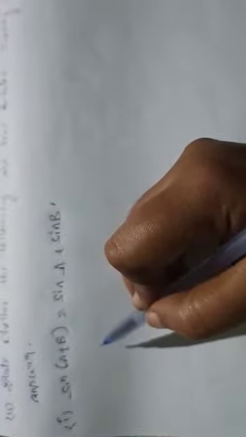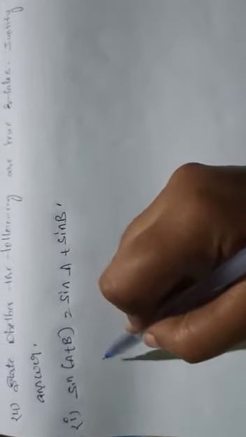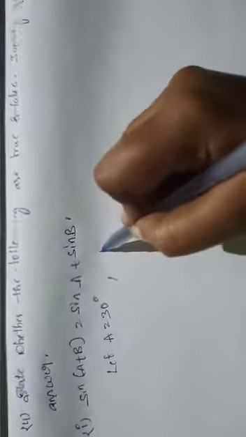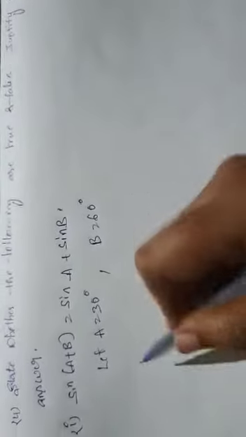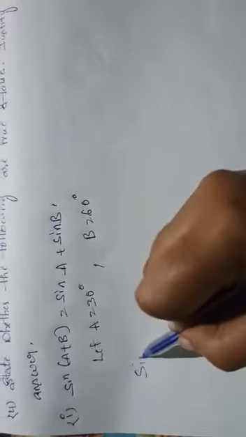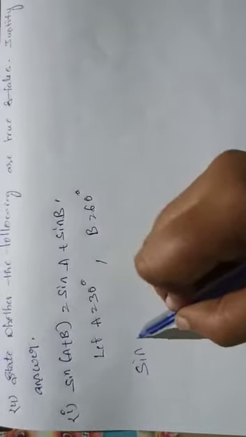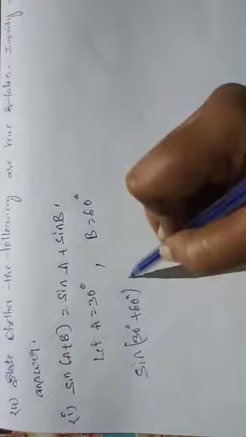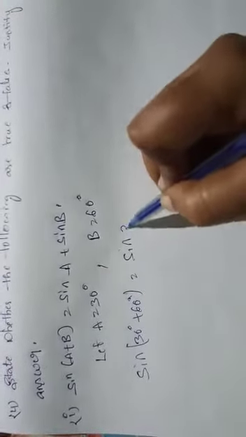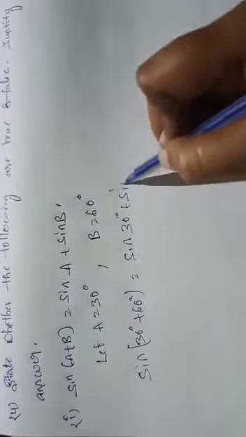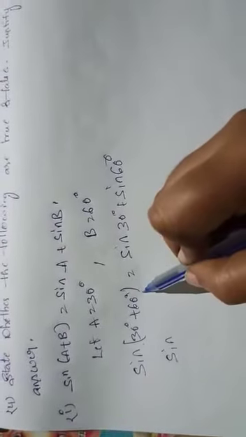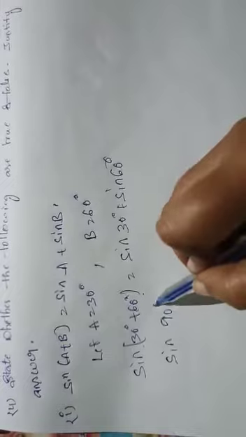Let A equal to 30 degrees and B equal to 60 degrees. Sin(A + B), with A equal to 30 degrees and B equal to 60 degrees, is sin 90 degrees, and the right side is sin 30 degrees + sin 60 degrees.